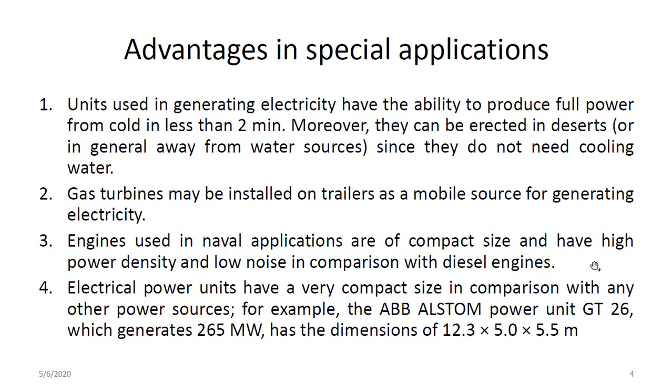Then advantages in special applications: these units can be used in electricity generation, and they may be installed on trailers as a mobile source for generating power. An example of this is in 2015, when Zambia experienced a power deficit.